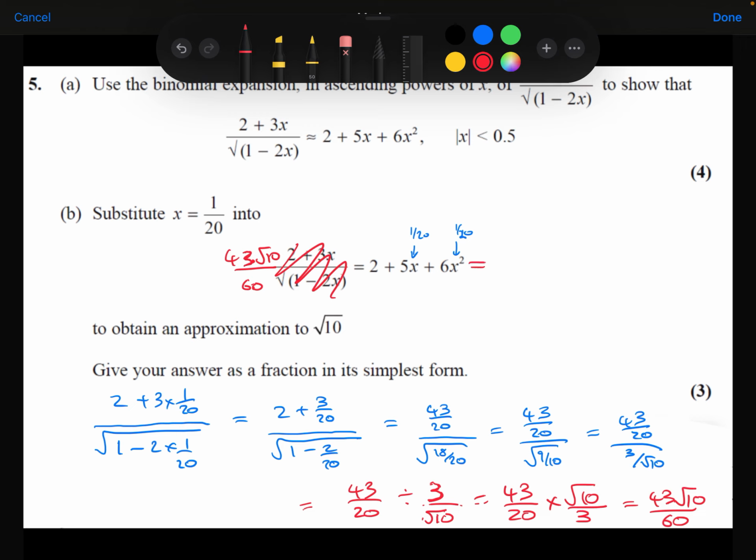What's it going to be on the right-hand side? If I substitute the 1 over 20 in, then 2 plus 5 times 1 over 20 plus 6 times 1 over 20 squared.